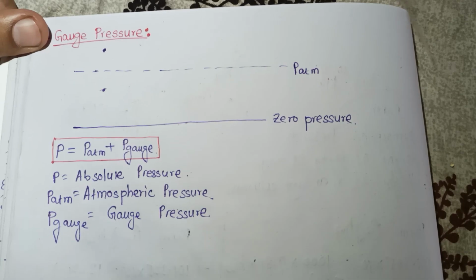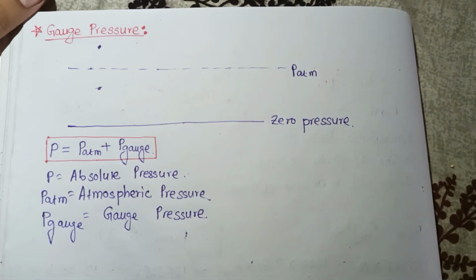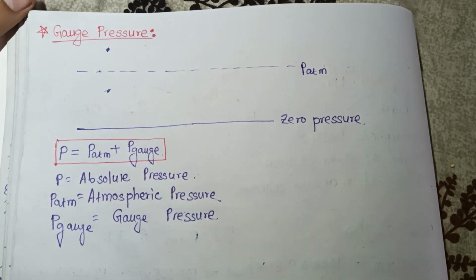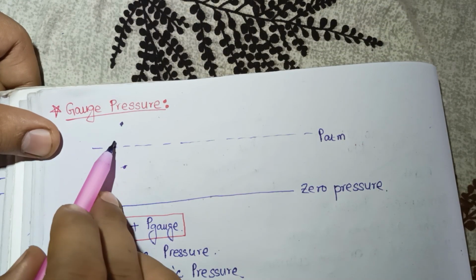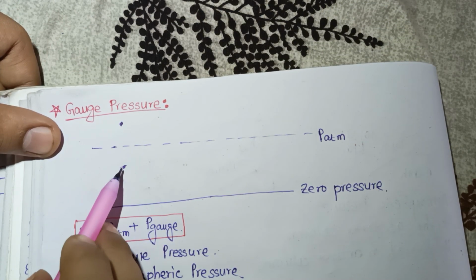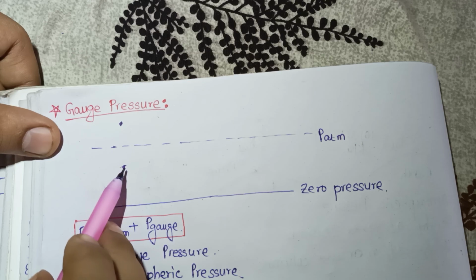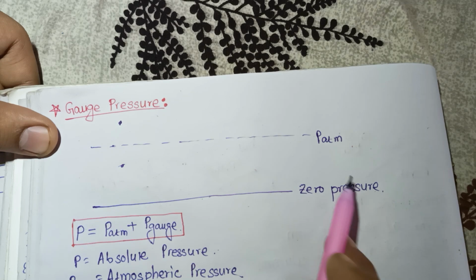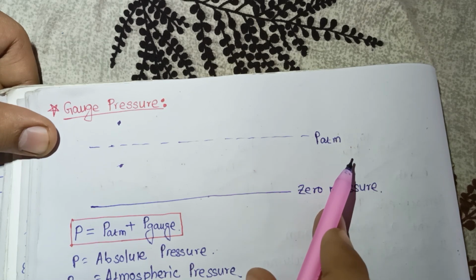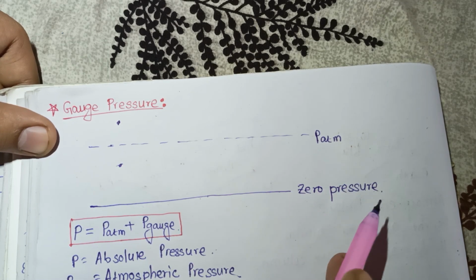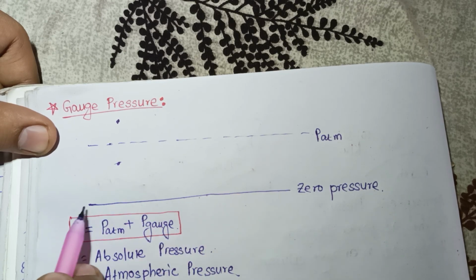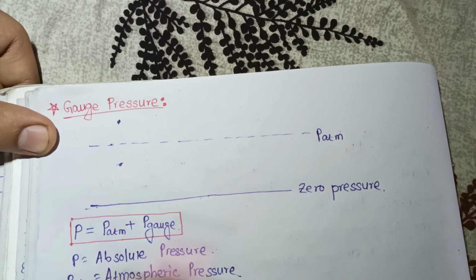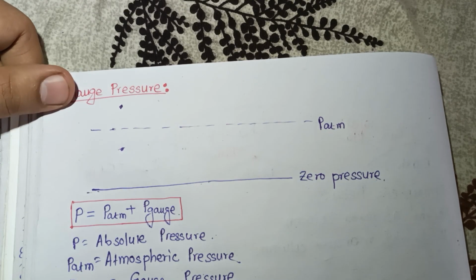So let's write the definition of gauge pressure. When the pressure is above the atmospheric pressure, that is the positive gauge pressure, and below the atmospheric pressure, that is known as negative gauge pressure, or you can say the vacuum pressure. We know that atmospheric pressure is 101.325 kilopascal, and this is the zero pressure line.